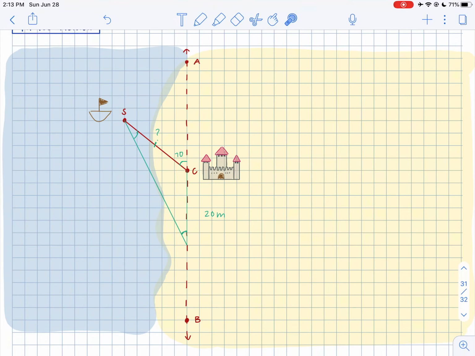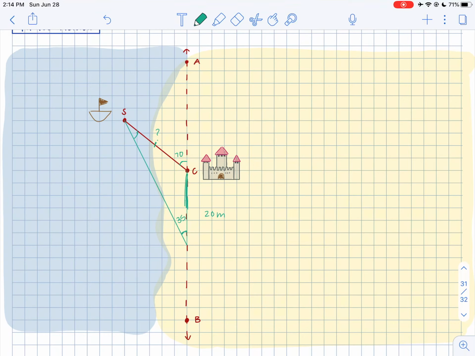Now, how do we verify it's an isosceles triangle? Well, the exterior angle, if it is double one of the remote interior angles, then it's an isosceles triangle. Well, you can't measure this angle, so you can measure this angle from the shore. And if you measure it to be 35, if you keep walking and keep walking until finally it's 35, then this is half the exterior angle and it's an isosceles triangle, right?